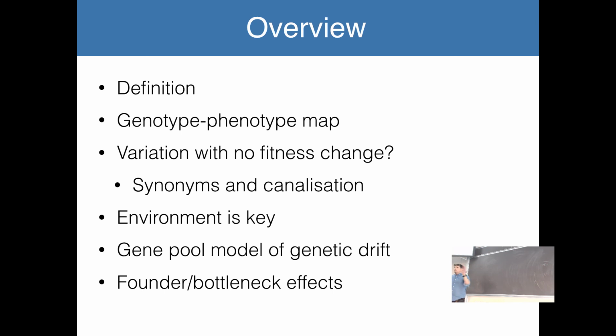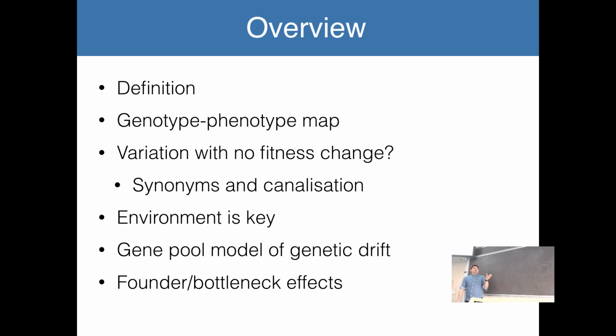So I've given you a very broad brushstrokes picture of neutral evolution. The definition, this really important concept of the Genotype-Phenotype-Fitness map. I've talked about why you can get variation with no fitness change via synonymous genetic material or protein sequences.